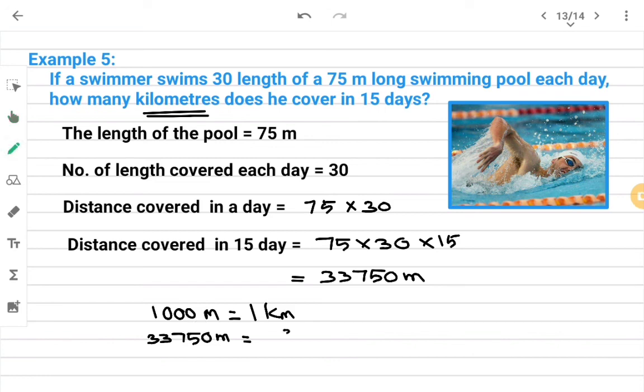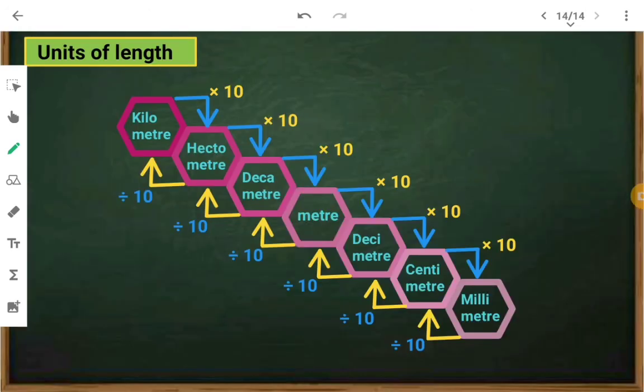That is 33,750 divided by 1000, this 0 and this 0 will get cancelled, and the decimal is moved towards the left side. We will get 33.75 kilometers.